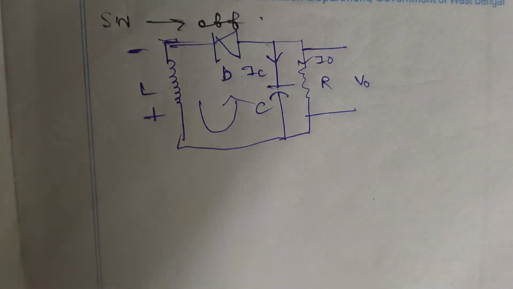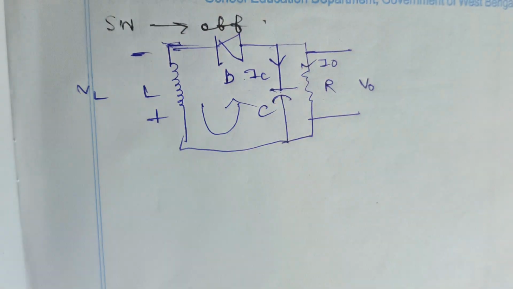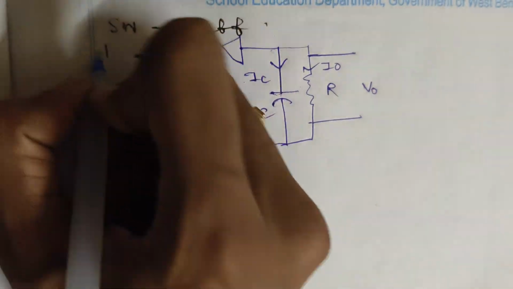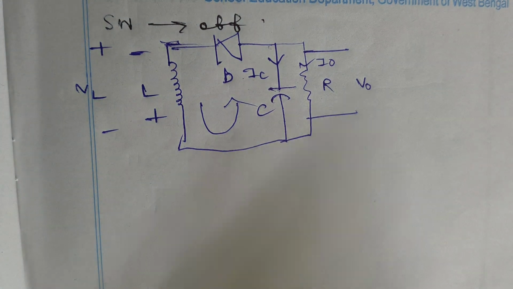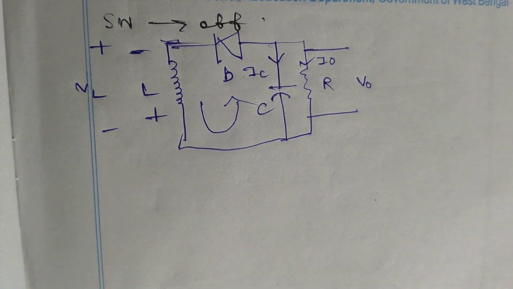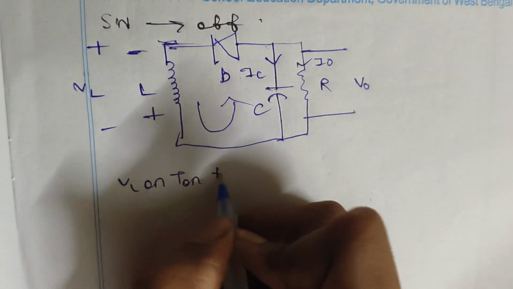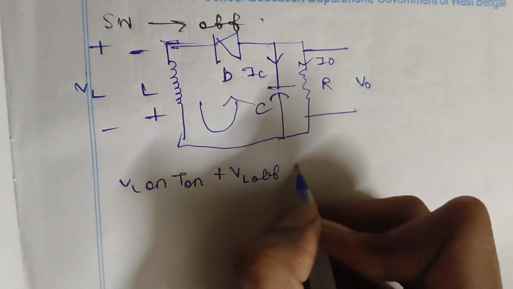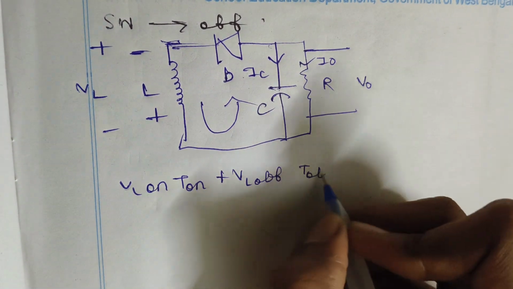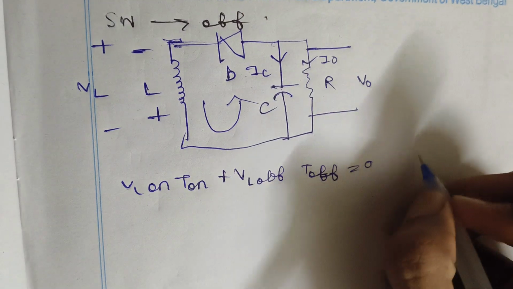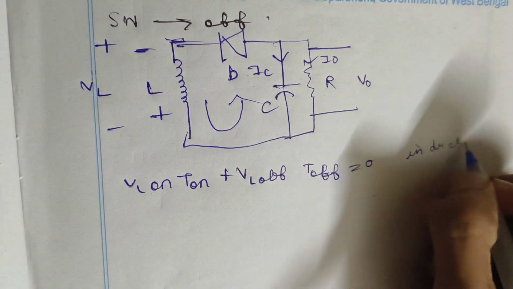Now for VL, we make sure that this is positive and this is negative, because we will apply the volt-second balance, that means VL on into T on plus VL off into T off equal to 0 in case of the inductor.